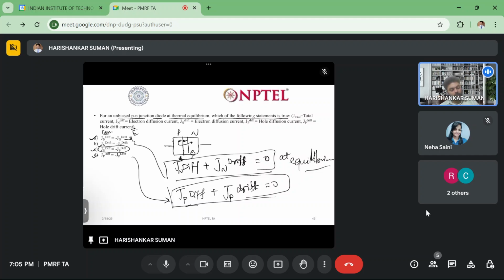In the beginning diffusion will dominate, then drift after the diffusion.